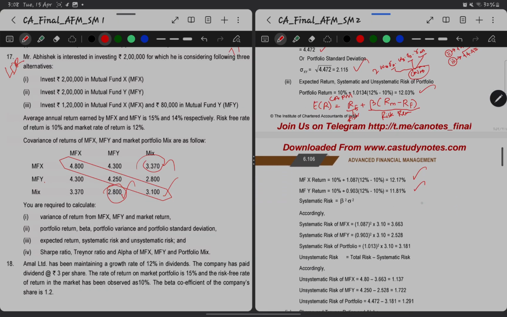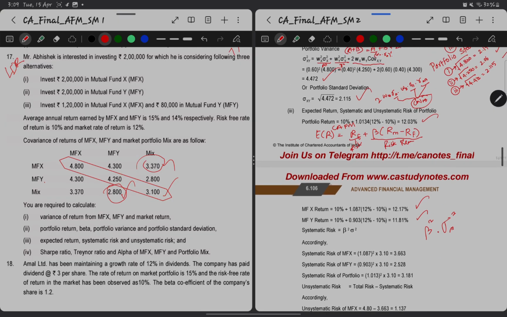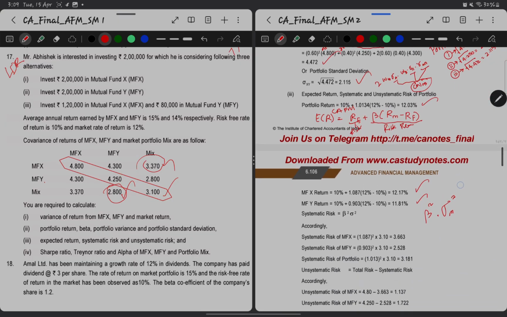Now systematic risk is nothing but beta square multiplied by market variance. So we know the market variance as 3.1 multiplied by the beta square of the respective portfolios.